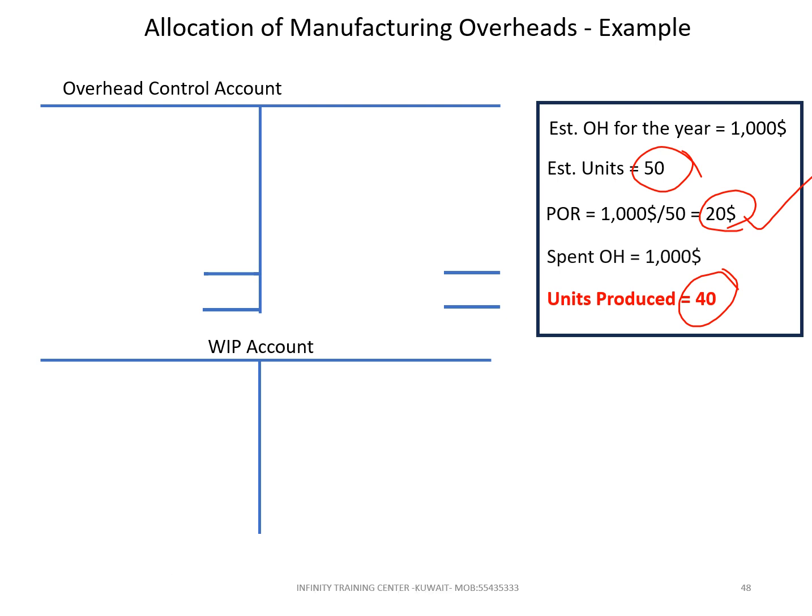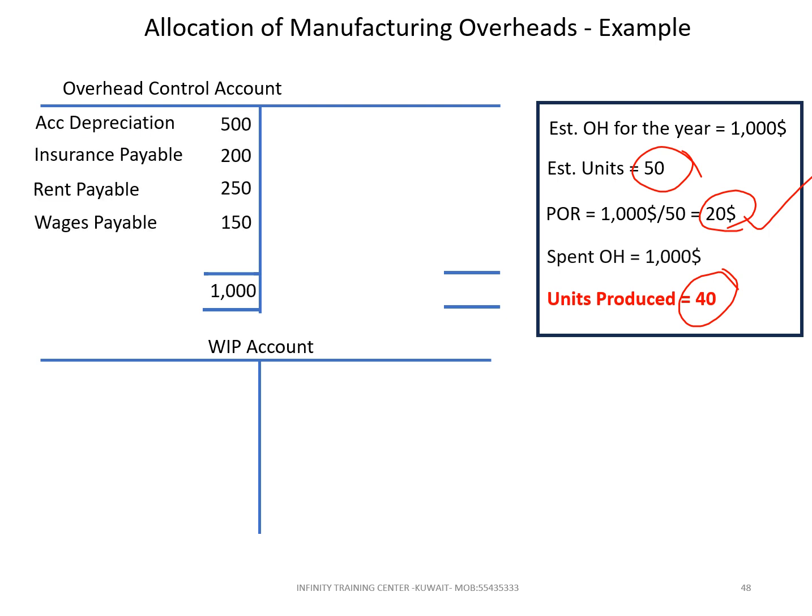So again, we can go and check the same example. We now have $1,000 we spent. And how much will go to work in progress?